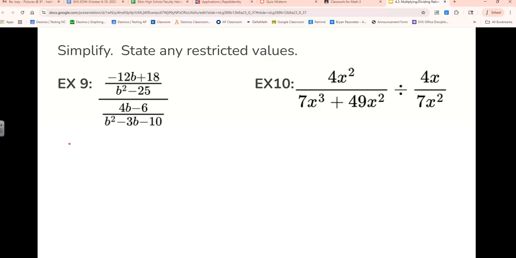Let me see if I've got anything on this last one that we just really have to see. I don't really think so. How do you factor 7x to the third plus 49x squared? Not on this one.